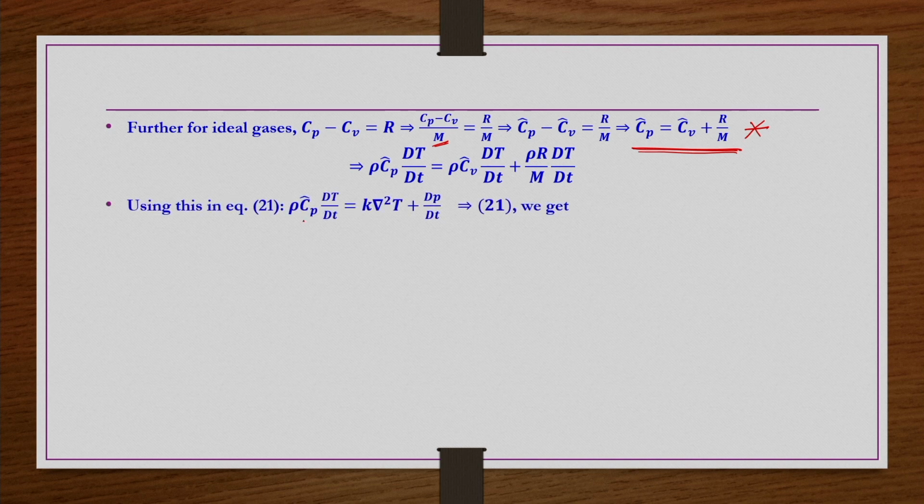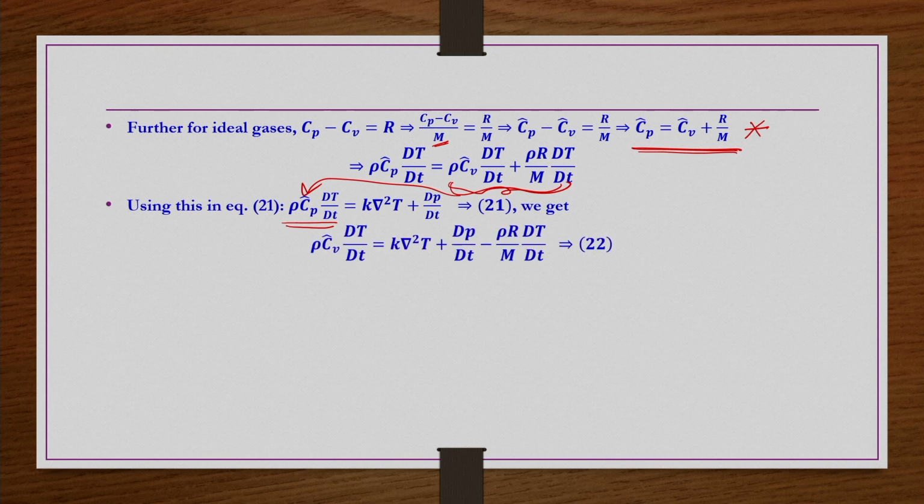Now, in equation number 21, wherever rho Cp tilde DT by Dt is there, you make use of this particular thing so that you get the equation in terms of Cv tilde. That is rho Cv tilde DT by Dt is equal to k del square T plus dP by dt as it is.